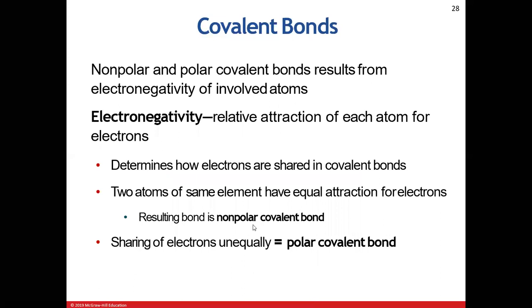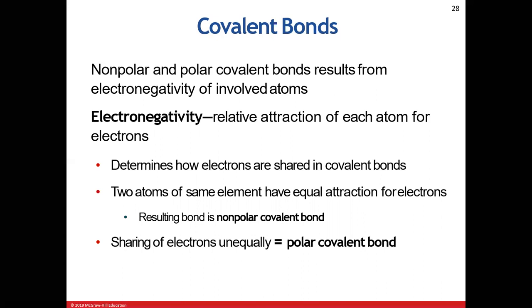So when we look at covalent bonds, we still have to look at what we consider the polarity of our covalent bonds. And so some of the electrons are actually going to be shared slightly differently, okay? And so this gives us what we call nonpolar and polar covalent bonds.